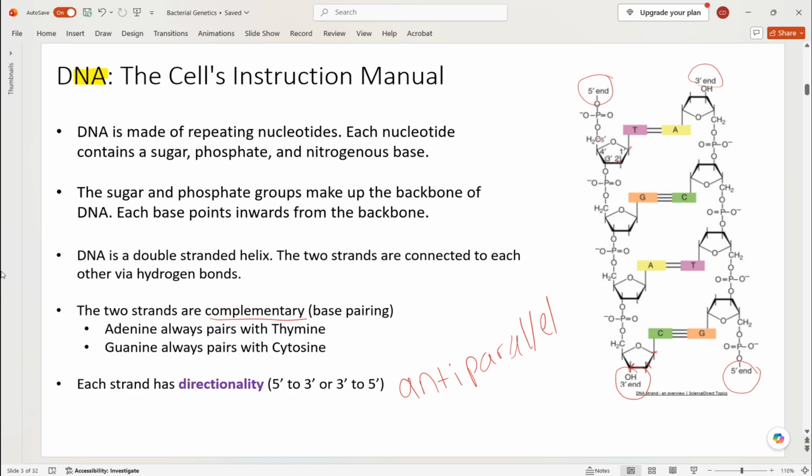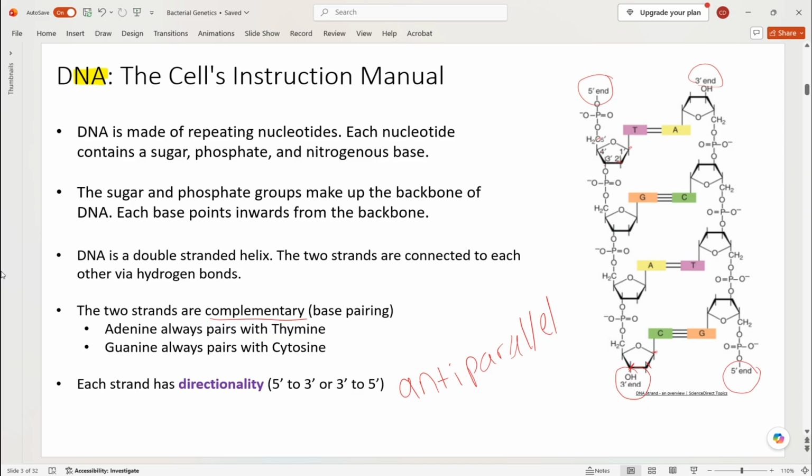So, DNA is the instruction manual on how to create proteins. The structure of DNA is going to be critical to its function. And so the structure again is a nucleic acid made up of nucleotides, of which there are 4. We refer to them as A, T, G, and C. The two strands of nucleotides are connected to each other via hydrogen bonds.